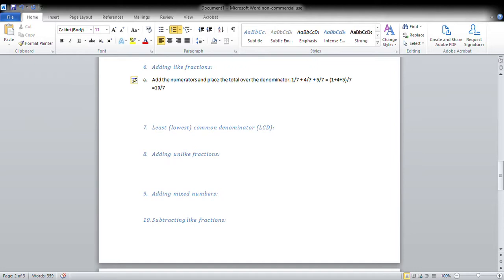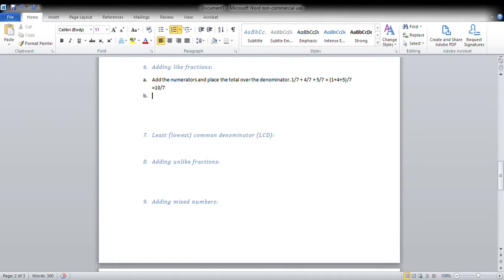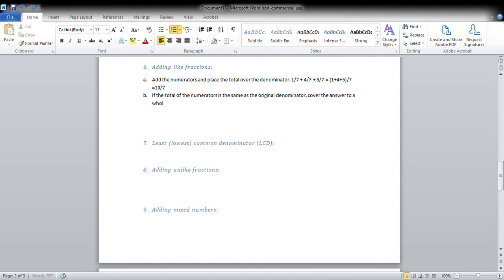And if we want to reduce that to a mixed number, we can go up to one of the prior steps. So the second, this actually addresses it. Second step, if the total of the numerators is the same as the original denominator, convert the answer to a whole number.